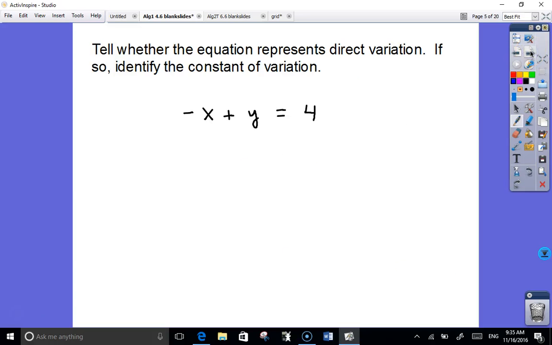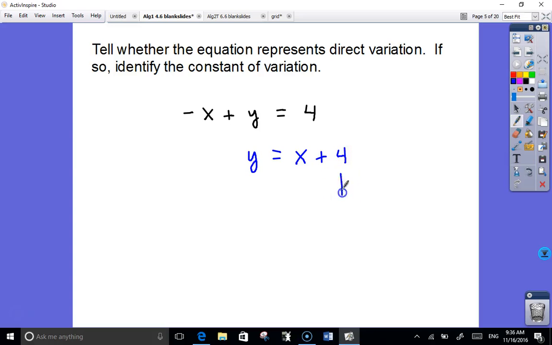So same thing. How do I solve that one? Plus x, because to solve for y, you need to move that negative x. If it's a negative on the left, what is it going to be on the right? Positive. x plus 4. Is that a direct variation? Felicity? Why do you say it's a no?